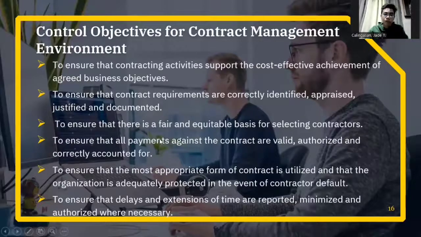To ensure that all payments against the contract are valid, authorized, and correctly accounted for. To ensure that the most appropriate form of contract is utilized and that the organization is adequately protected in the event of contractor default. So bakit ba need na properly form yung mga contract?